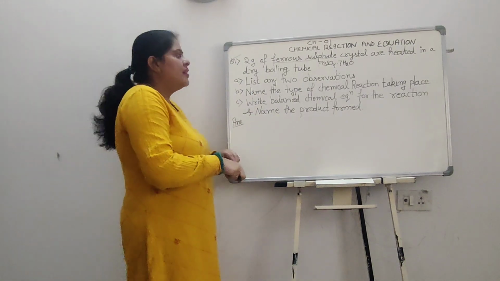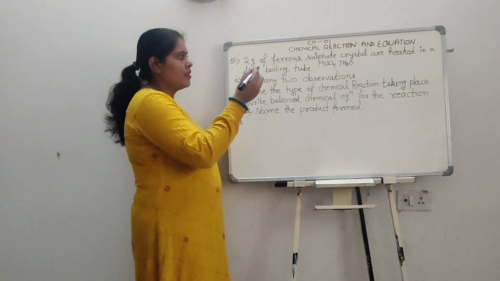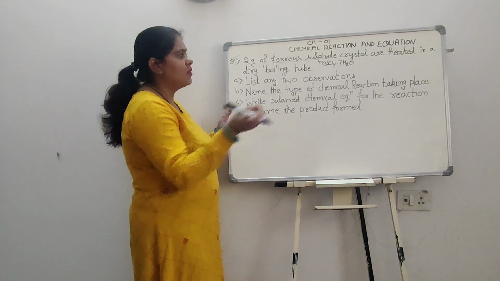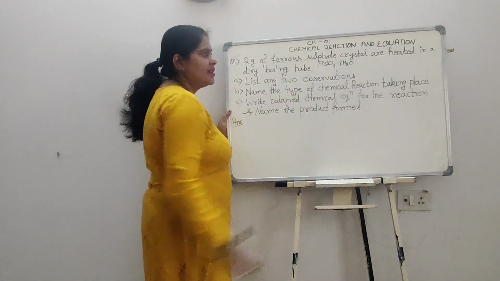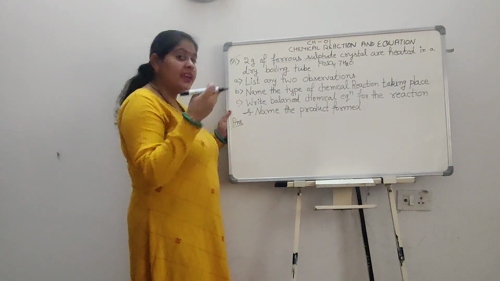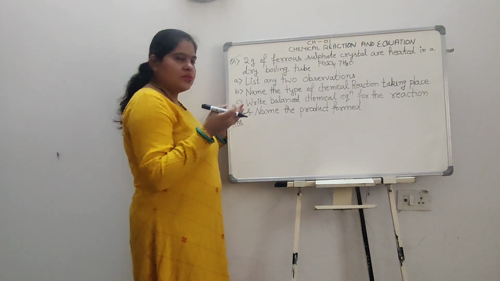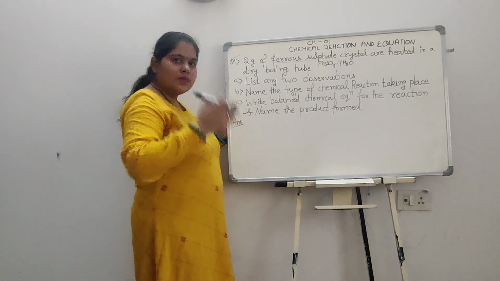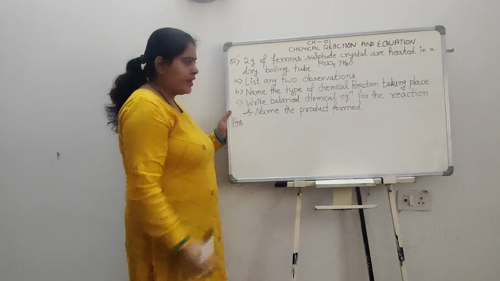In one dry boiling tube, we will take a few crystals of ferrous sulfate, and then we will heat those crystals. If you do this activity, you will observe some changes during these reactions.